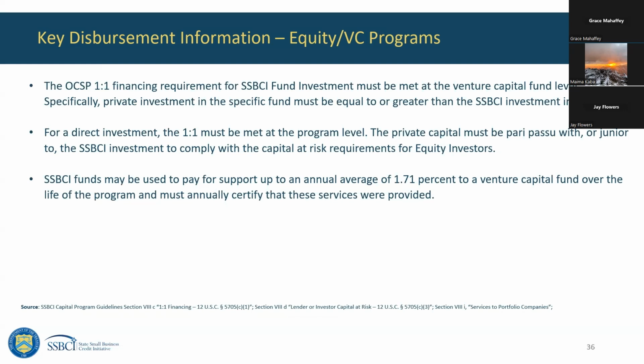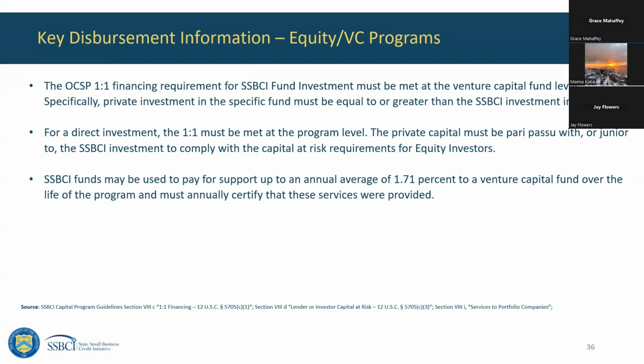Key disbursement information for equity VC programs. The OSCP one-to-one financing requirement for SSBCI fund investment must be met at the venture capital fund level. Specifically, private investment in specific funds must be equal to or greater than the SSBCI investment in that fund. For a direct investment, the one-to-one must be met at the program level.